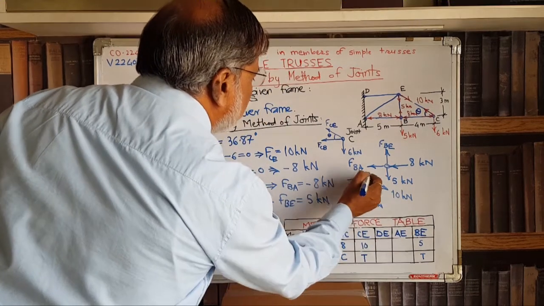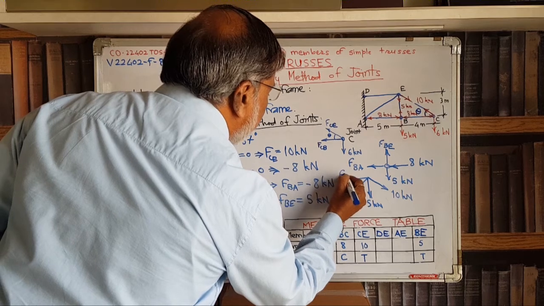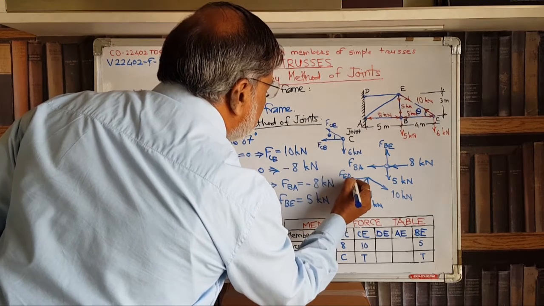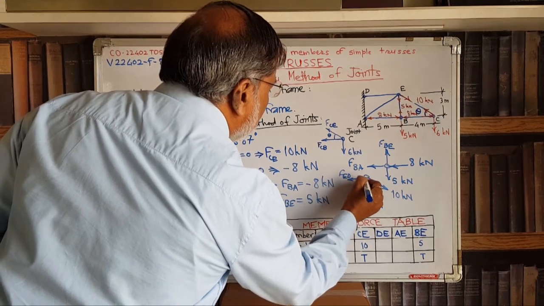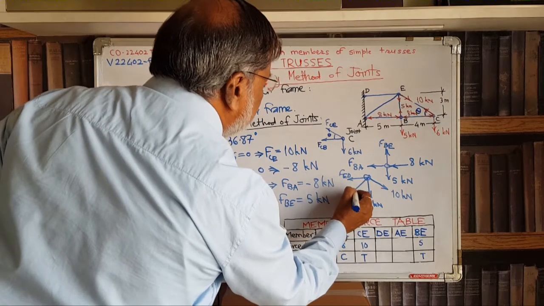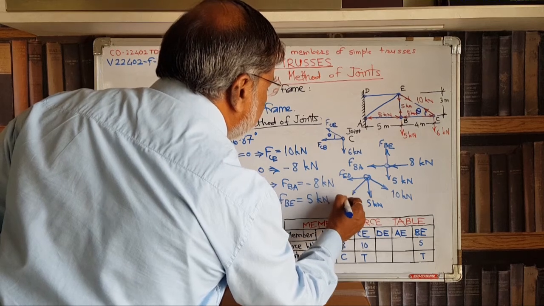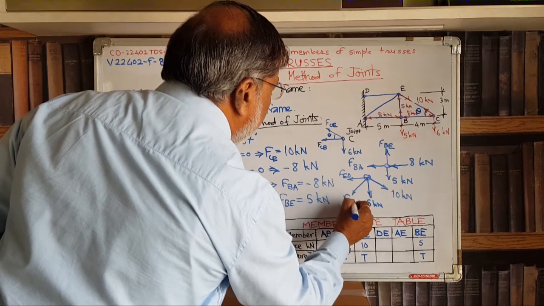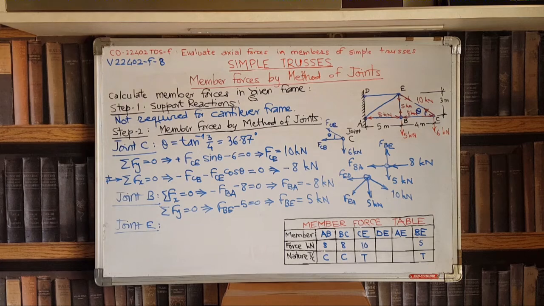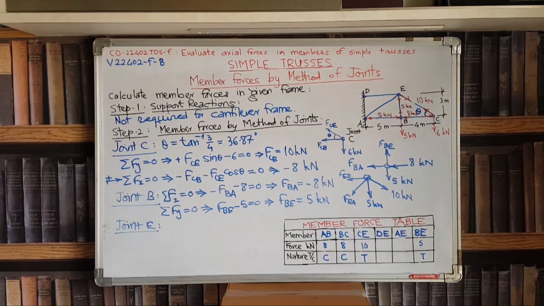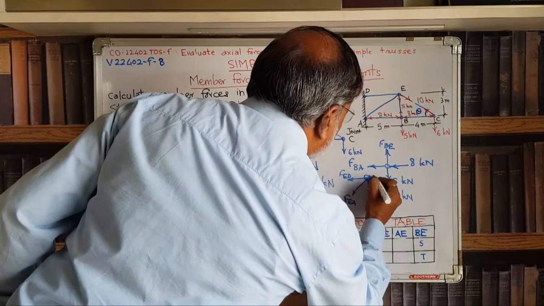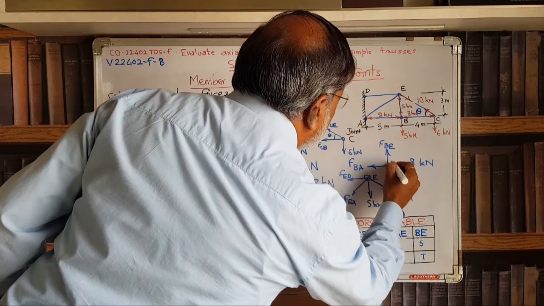Then these two forces ED, this is FED. This force's direction is not known, so we will keep it as it is. And this second force EA, its direction is also not known, so we will keep it as it is. Okay, so this is joint E. This was joint B.